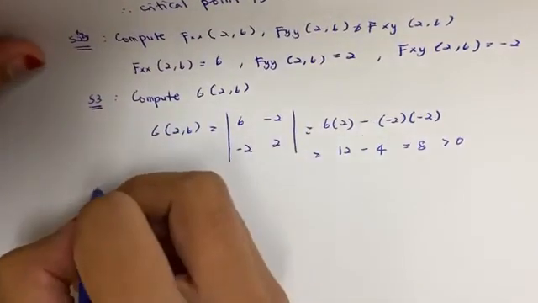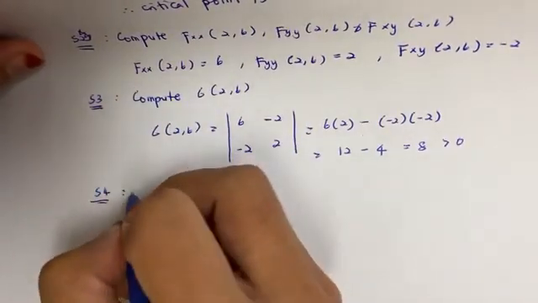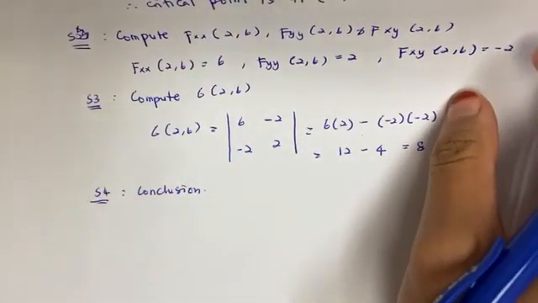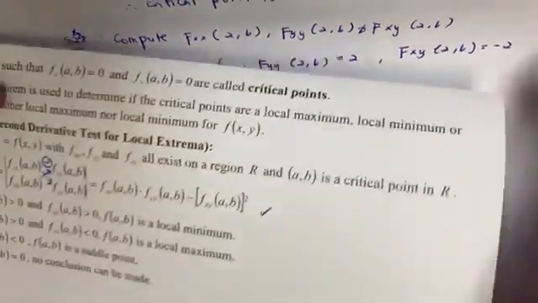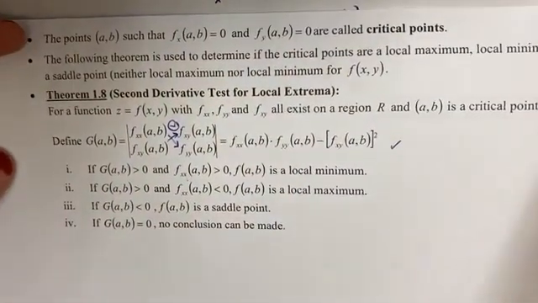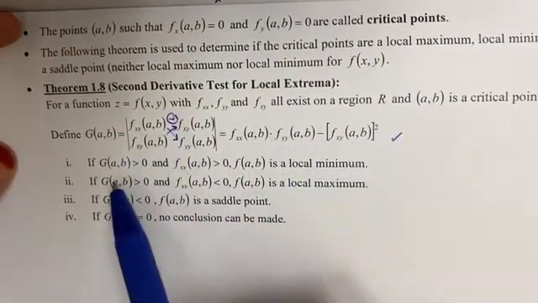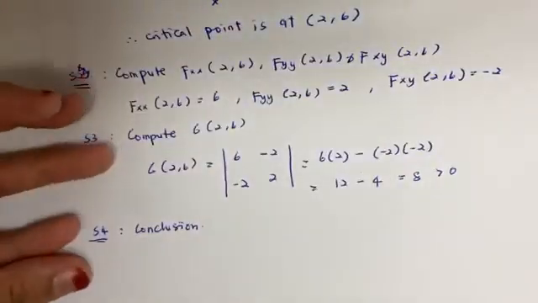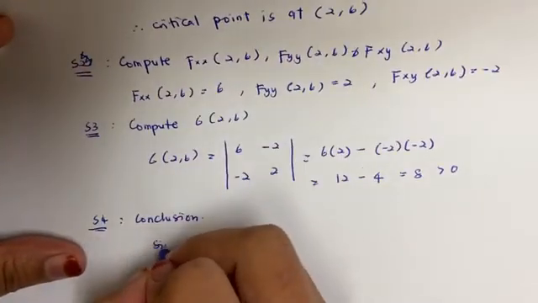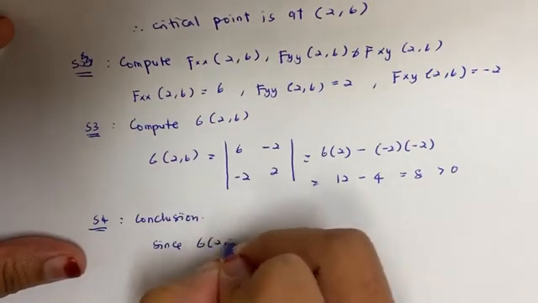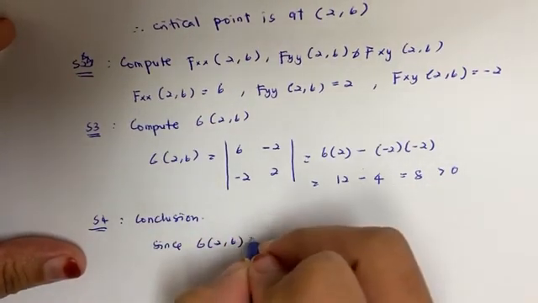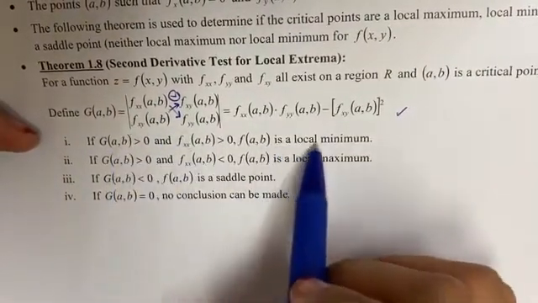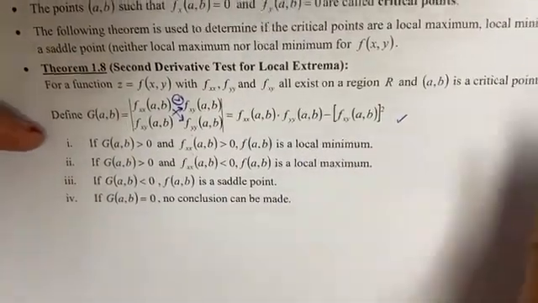Okay, the last step here, step 4, is for the conclusion. So for the conclusion, we refer to theorem 1.8, the second derivative test. For the second derivative test, you need to check your G and your fxx. So in our example, since G at 2, 6 is greater than 0, it is either a local minimum or a local maximum.